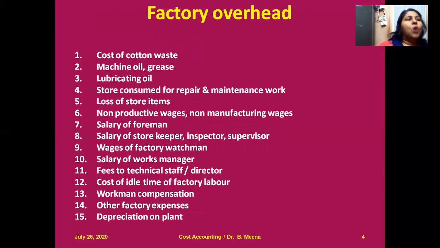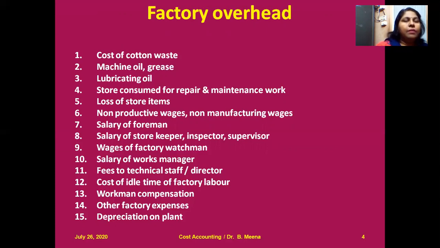Look at the examples: cost of cotton waste, machine oil, grease, lubricating oil, stores consumed for repair and maintenance work, loss of store items, non-productive wages, non-manufacturing wages, salary of foreman, salary of storekeeper, inspector, supervisor, all those persons who will be in the factory only.